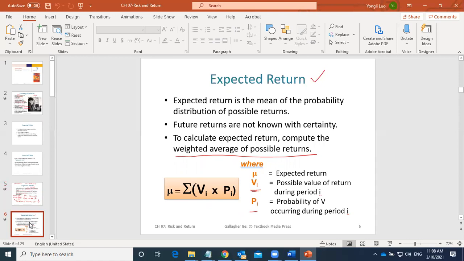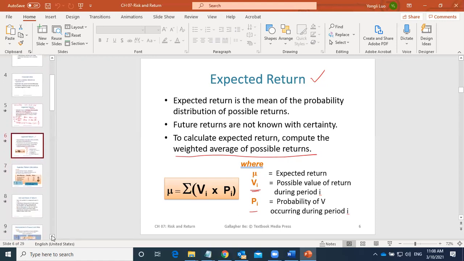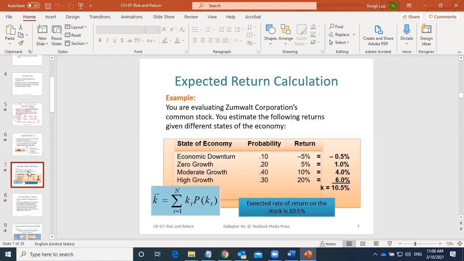And the sigma means you sum them up. So use that probability times the possible value of that return, and then sum them up. Let's see the example I have here.